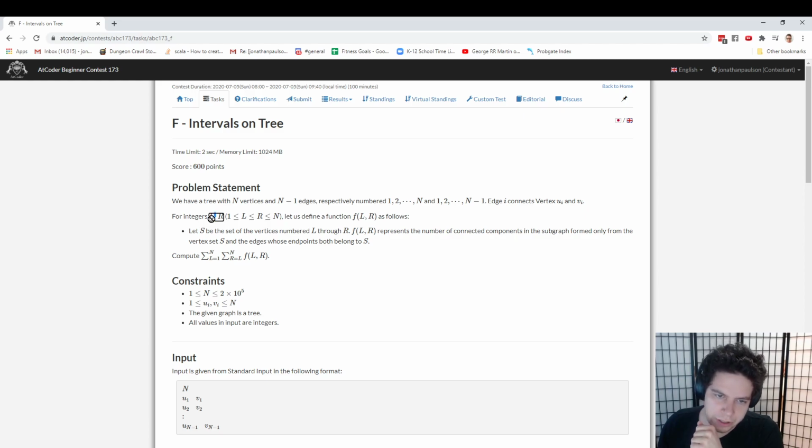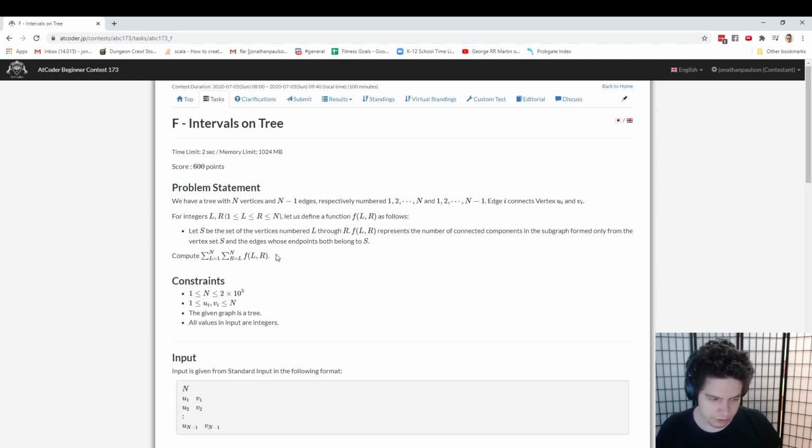Start with L equals 1, and then successively add vertices 2, 3, 4, etc. to get all the subtrees with L equals 1. The way that you add a vertex is you add that vertex, and then you add all the edges that terminate there to the union find.